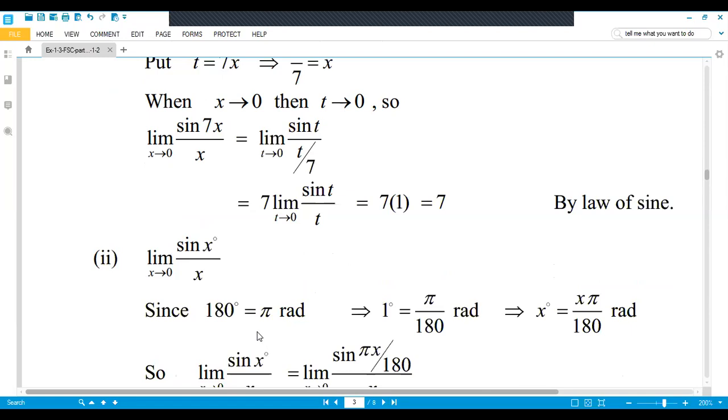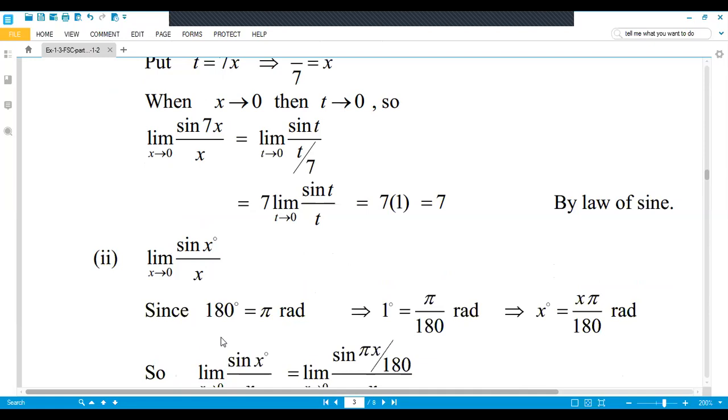Now come to the second part of this. The second part is sine x degree, this round degree sign is given here, sine x degree divided by x.